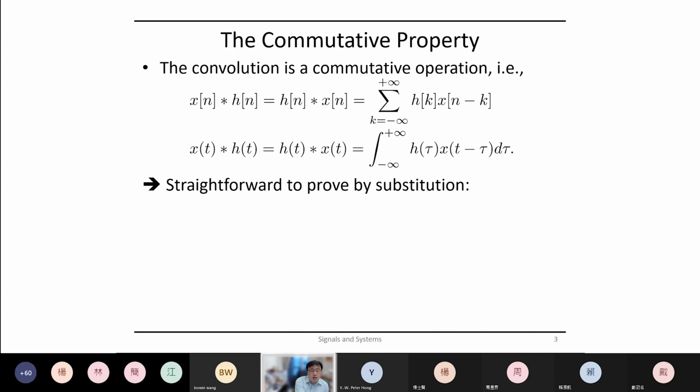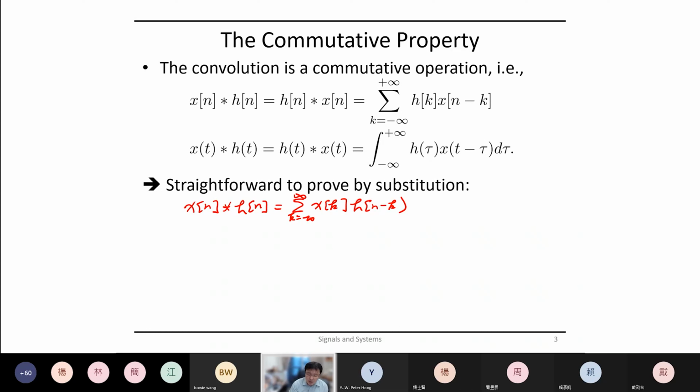This is rather straightforward to show. You can just start out from x of n convolved with h of n, which is the sum of x of k times h of n minus k, summing k from minus infinity to infinity.